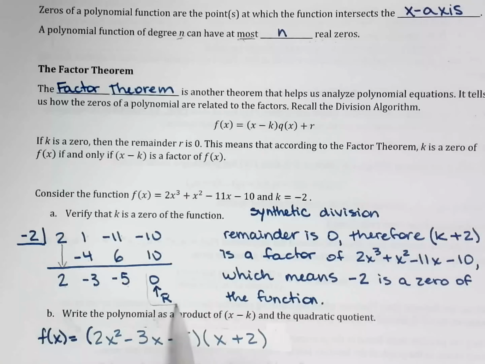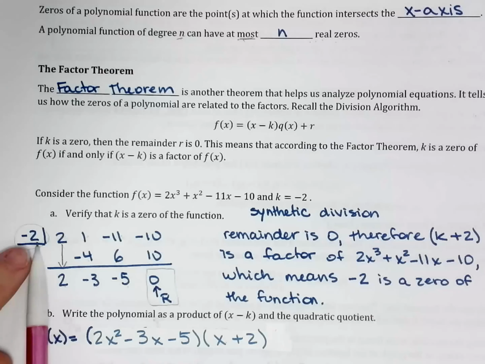This 0 in the remainder, that's really good news. The 0 in the remainder means this number right there, that 0 of the function that you just tested, is one of the factors. So you do the synthetic division, you get 0 in the remainder, that means this one is a factor.